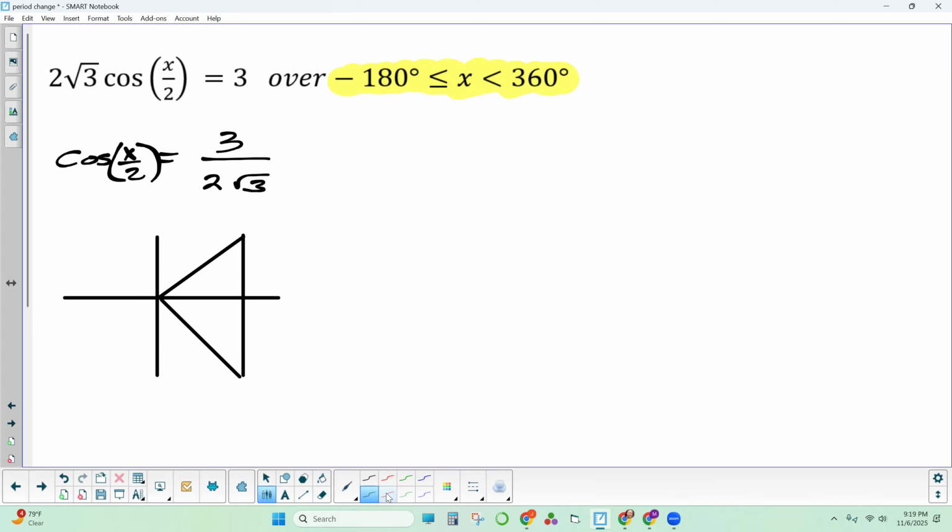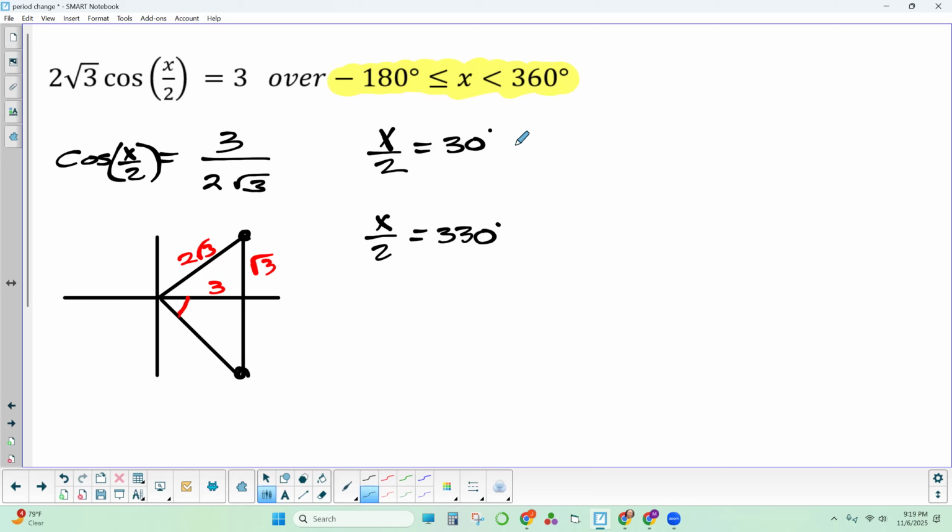And I've got cosine, which is x over r, which puts that square root of 3, which makes my reference angle 30 degrees. So that means x over 2, my first primary angle here, equals 30 degrees. And this one is 30 degrees shy of a full rotation, which is 330.